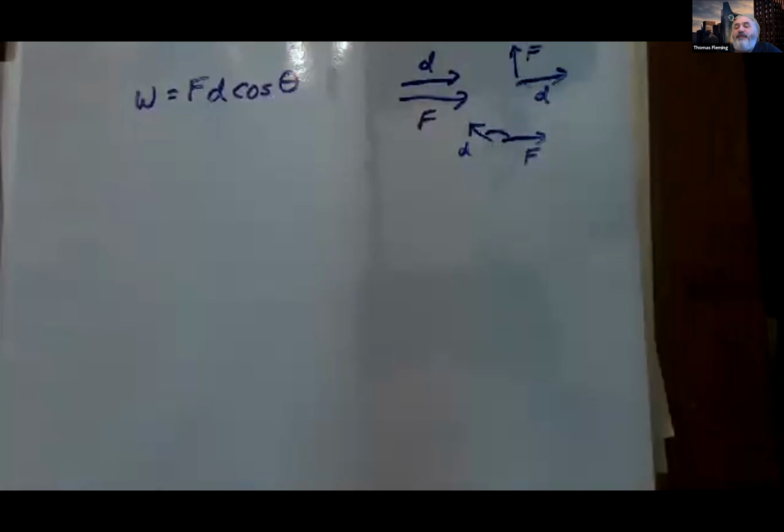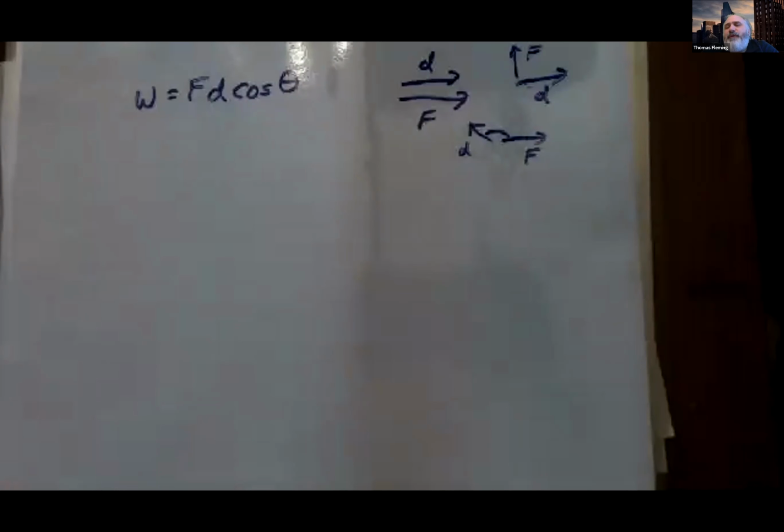In general, if the force and the distance are at least a little bit in opposite directions, then the work being done will be negative. If the force and the distance are at least mostly in the same direction, you'll get a positive answer. So positive work is F and D at least a little bit in the same direction. Negative work is F and D at least a little bit in the opposite direction.